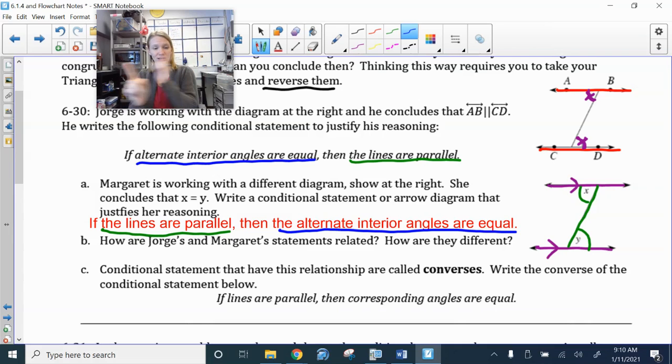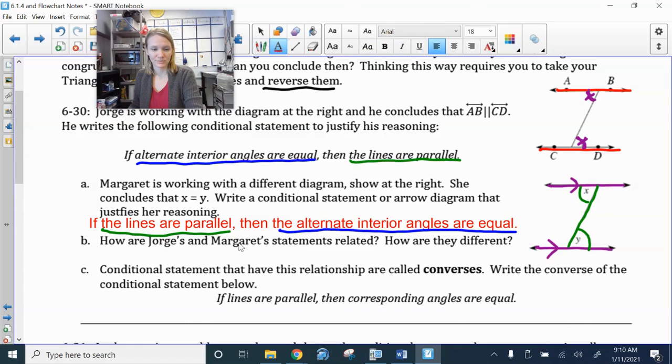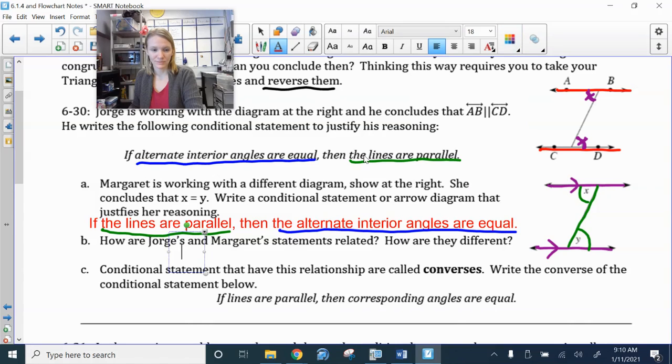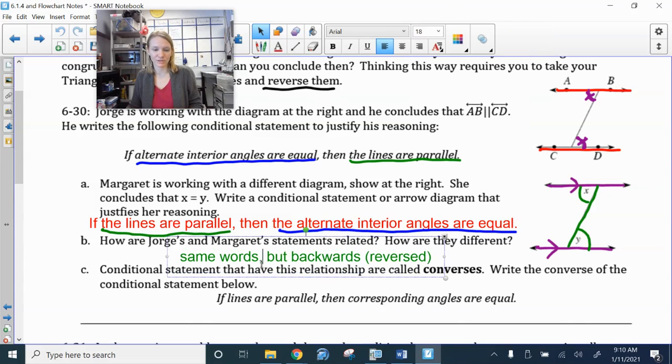It's the same words, they're just reversed. So they're the same words, but they're backwards or reversed.